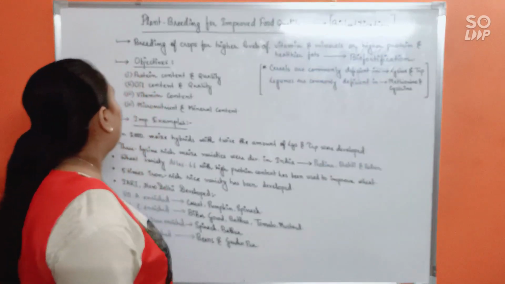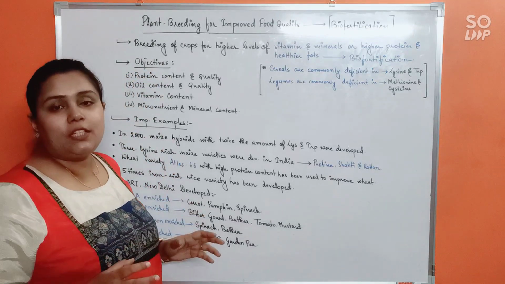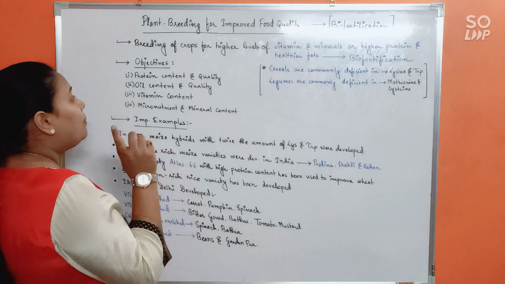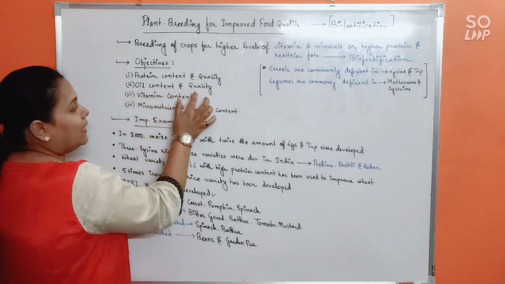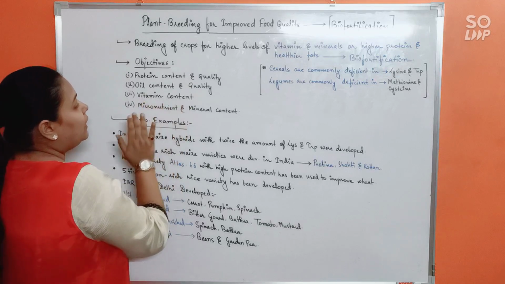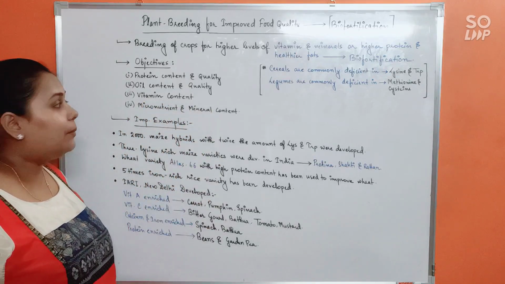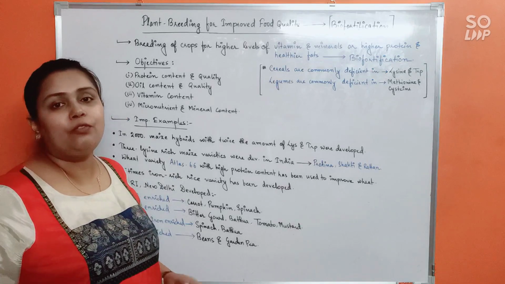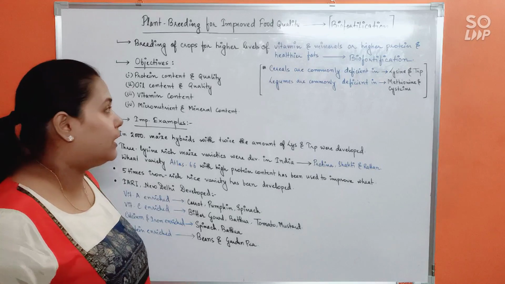Alright. Now, what are the objectives of biofortification? The objectives of biofortification are to improve protein content and quality, oil content and quality, vitamin content, and micronutrient and mineral content. Alright. Now, before I go further into the important examples, you must know a very important thing.